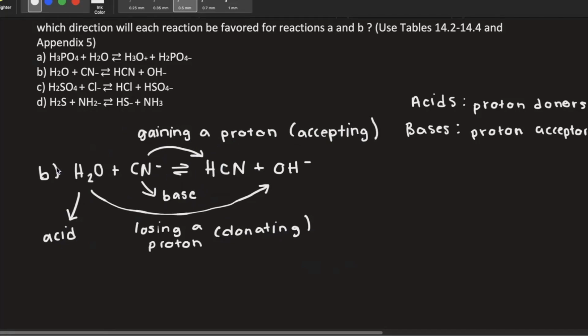And since we now know these, we can determine that OH minus is going to be our conjugate base, and HCN is going to be our conjugate acid.